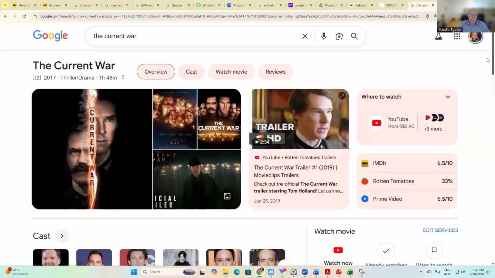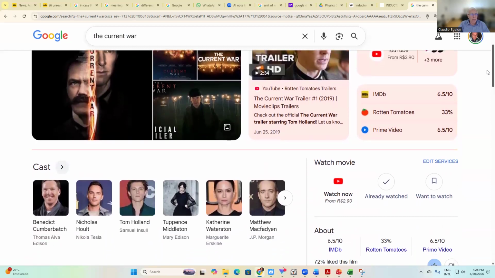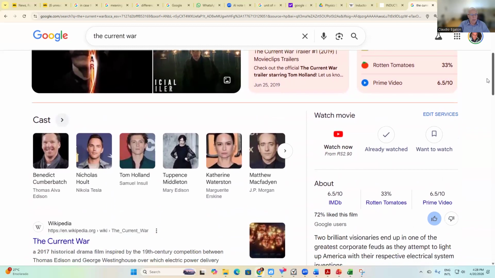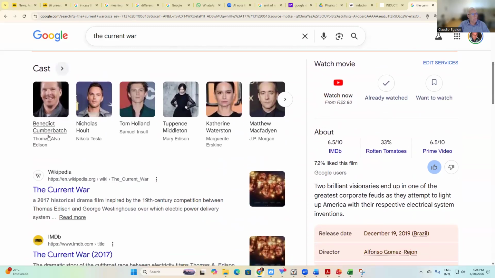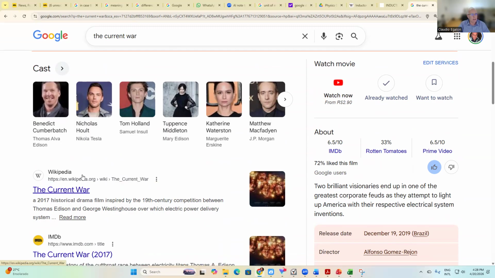You have to know, but it's important that you have the technical background to understand. Here you go. Benedict Cumberbatch, the Doctor Strange from the Avengers, is Thomas Alva Edison. Nikola Tesla was also involved in this fight.